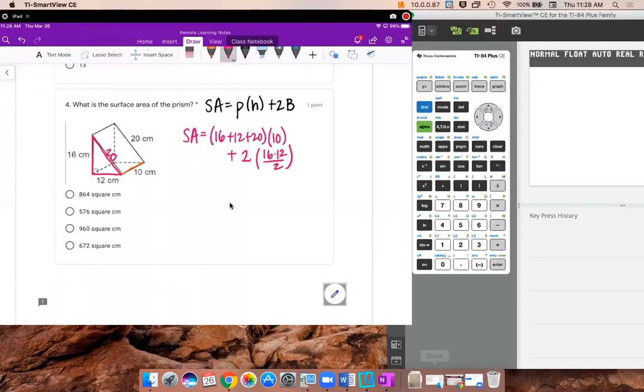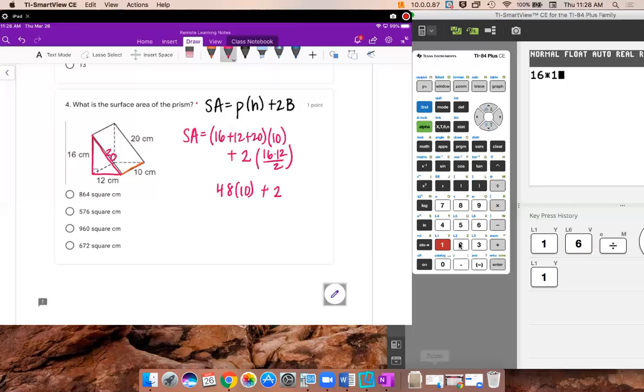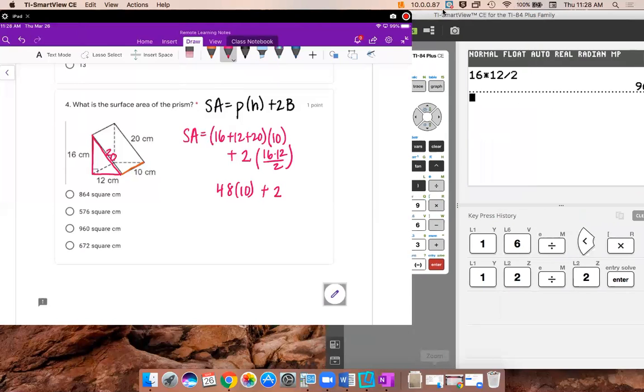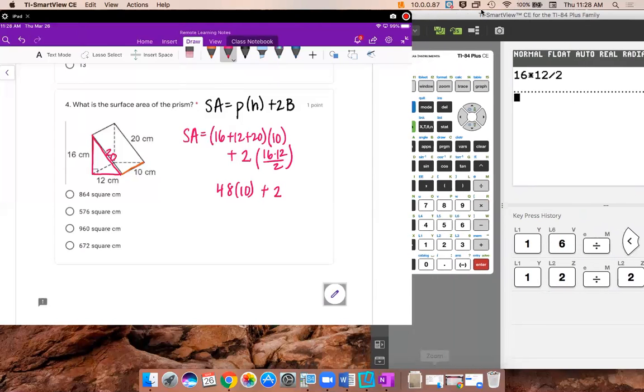If I plug all of that in my calculator and start simplifying, 16 plus 12 plus 20 becomes 48, times 10, plus 2 times 16 times 12 divided by 2. We get 96. So this is going to be 2 times 96.